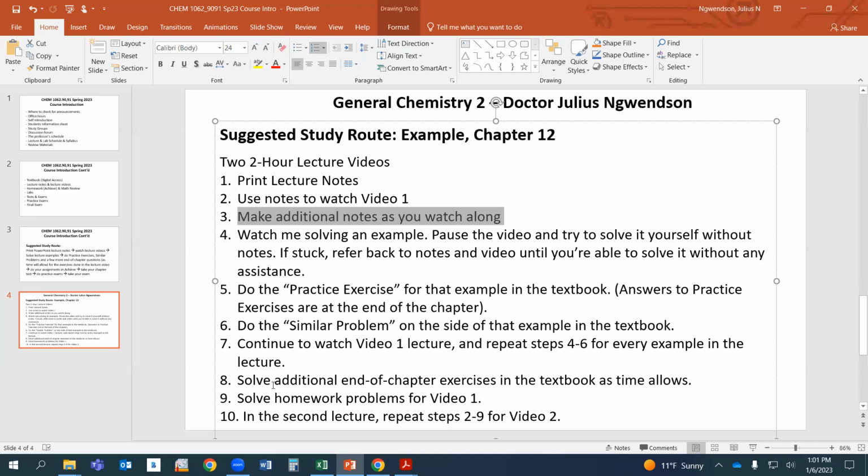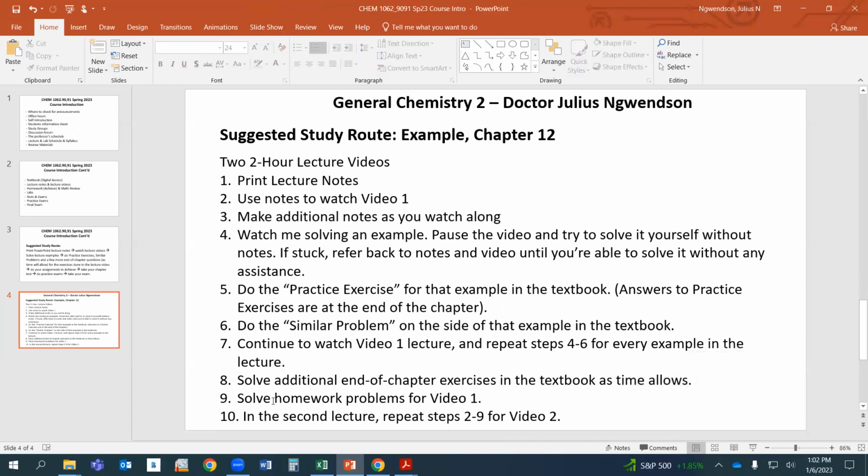If you have some more time, you go to the end of chapter exercises and solve as many as time will allow you to solve. Solving end of chapter questions always makes a difference in the performance of students because in your exam and your test, you'll be solving problems.